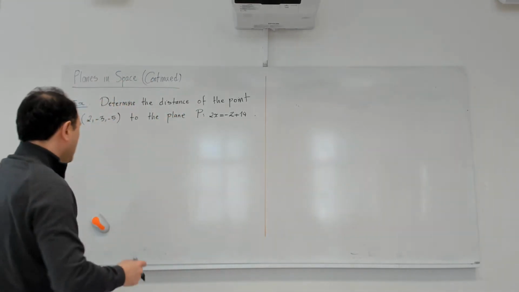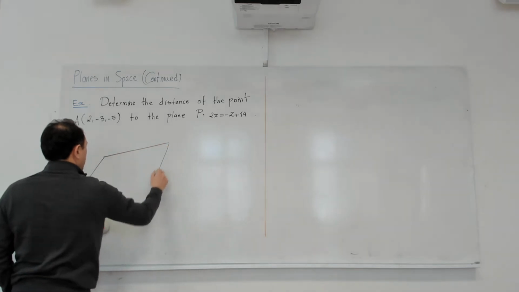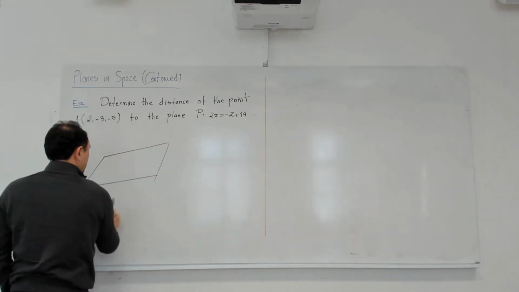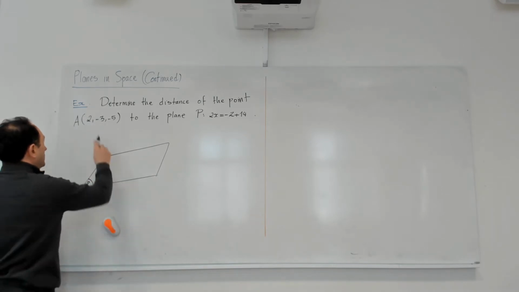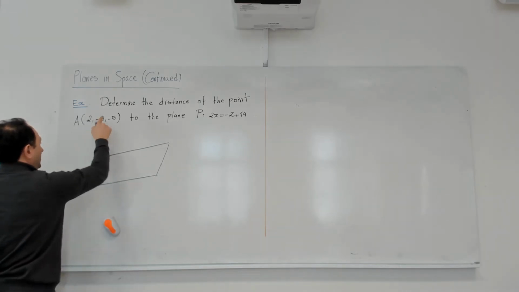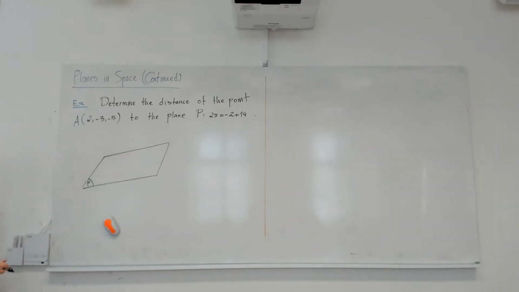So this means that, for example, if you want to understand what is going on, let us assume that this is our plane. Let me call it plane P, and then this point, if you're so lucky, if it lies on the plane, then the answer to this question will be 0. But how do you know if this is the case?